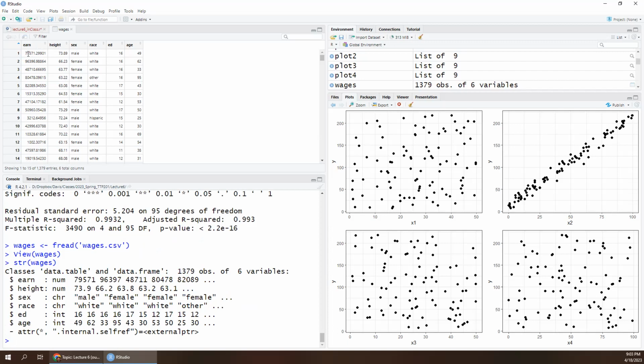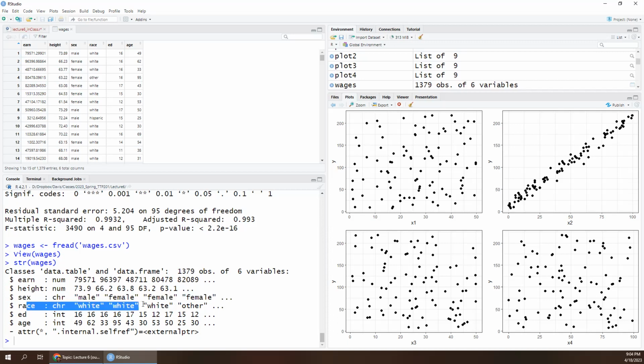If I were to go through and categorize each of these variables, we can see what's going on here. The earnings is a continuous variable. Our height is a continuous variable. However, the gender is only containing 2 outcomes, and so this would be a binary or dummy variable.